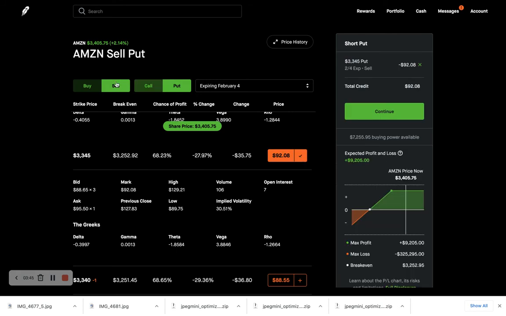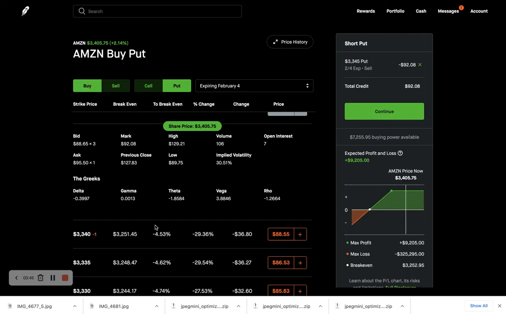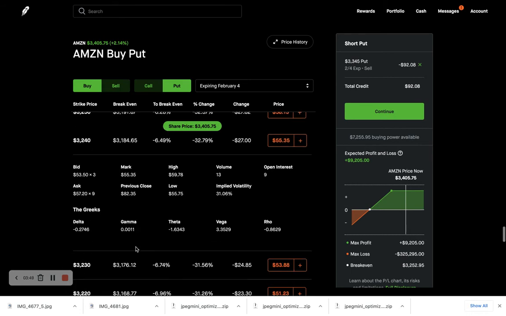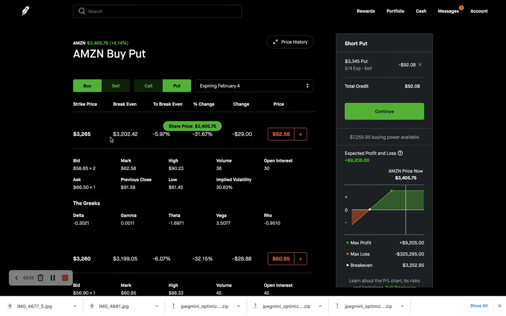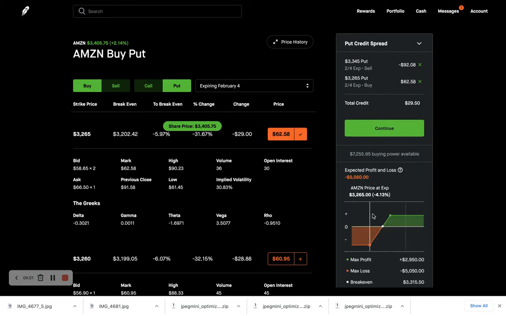So we're going to sell that one, and then we want to buy behind that the 30 delta, and that's 3,265, which would be the 30 delta. Okay, so let's do some quick math.